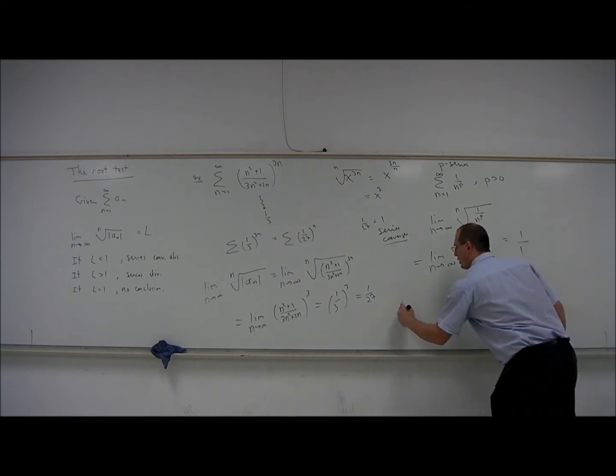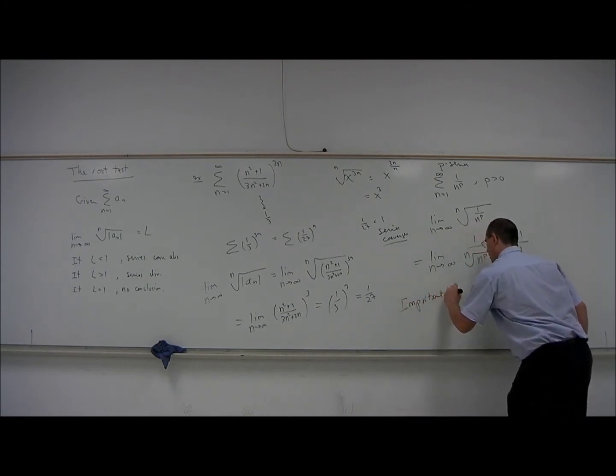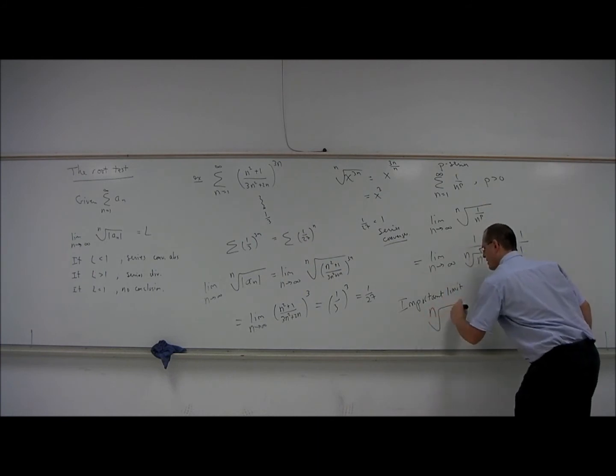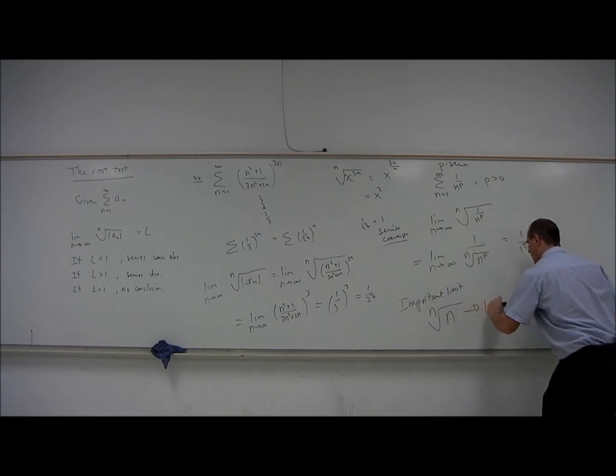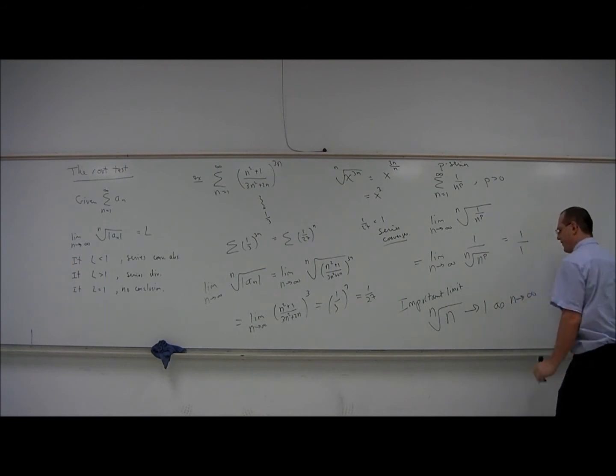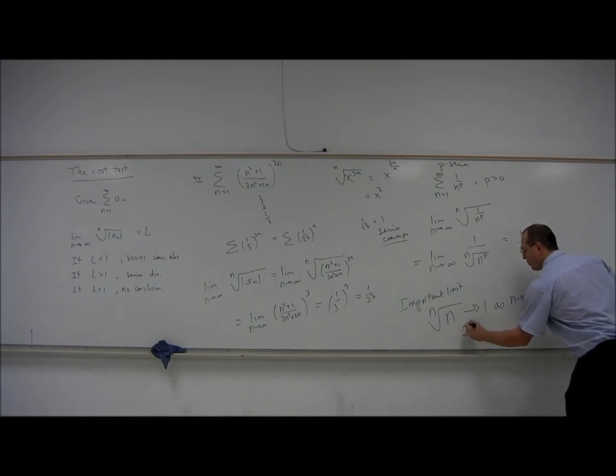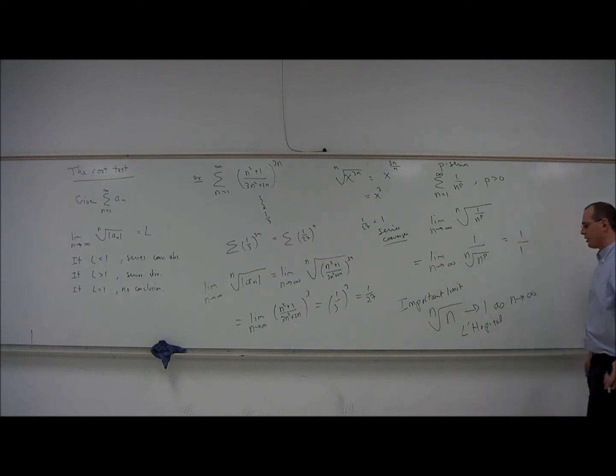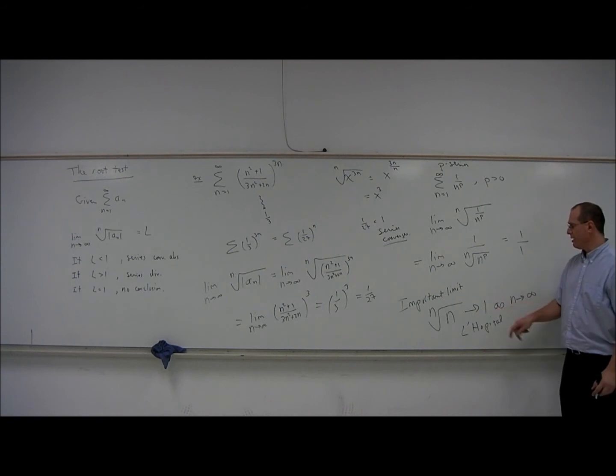So this is an important limit. More specifically, the nth root of n goes to 1 as n goes to infinity. To prove this, we would use L'Hopital's rule. I won't go through the details here, but that's an important limit.